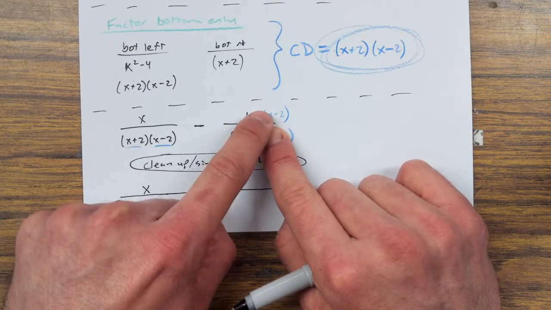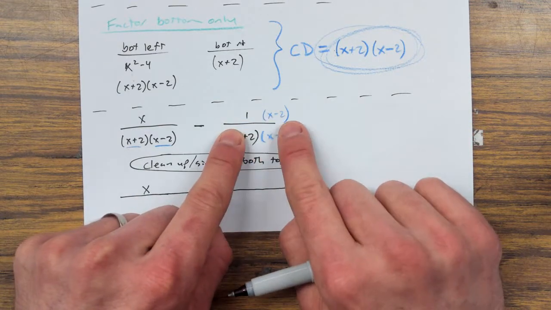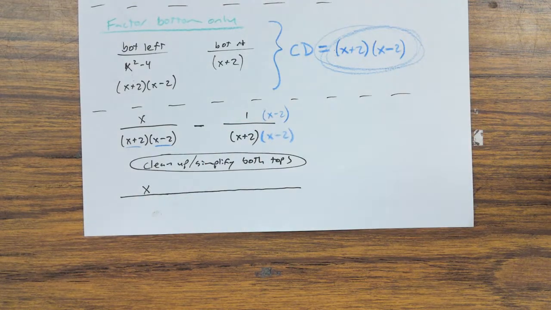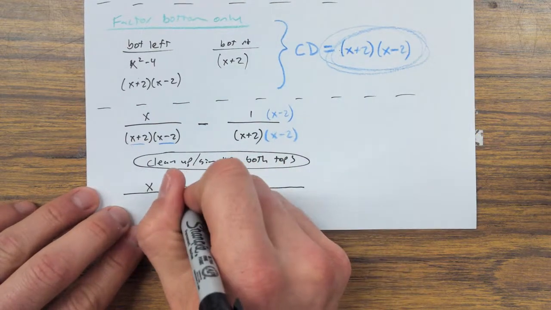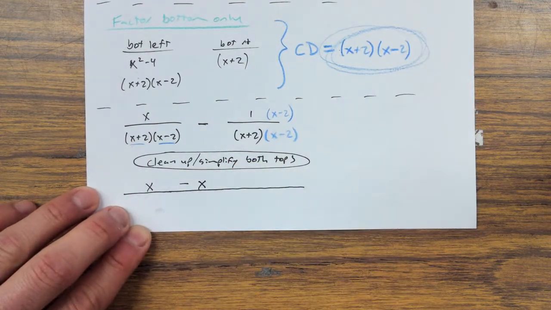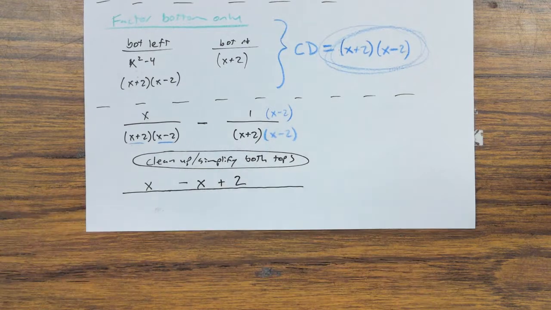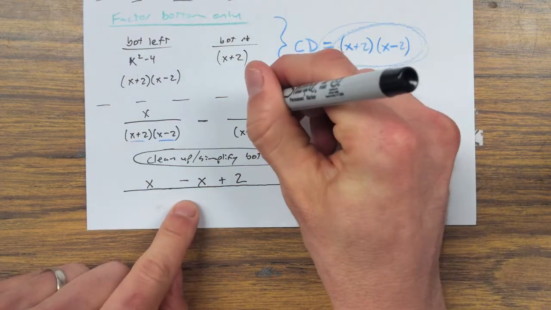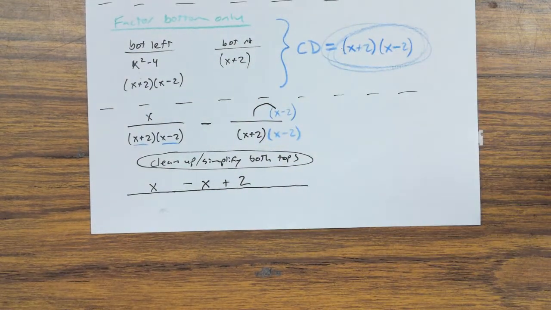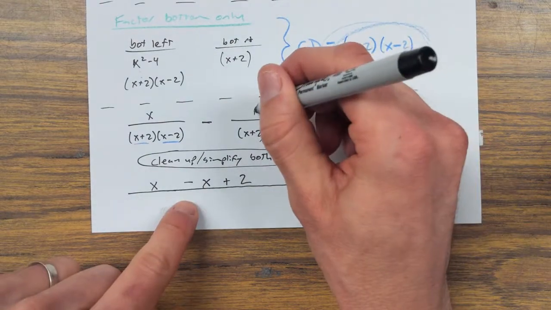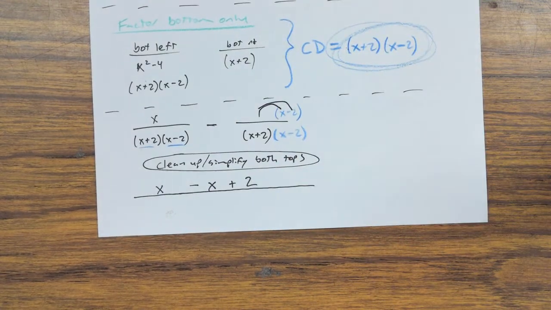So what is 1 times x? X. What is 1 times negative 2? Negative 2. Watch what I write. I am going to write minus x plus 2. And you might be sitting there thinking, isn't 1 times x, x? Why is it now minus x? Isn't 1 times negative 2, negative 2? Why is it now positive 2?